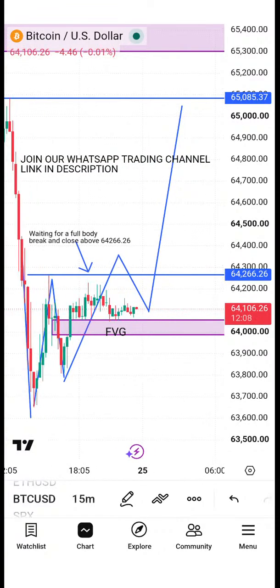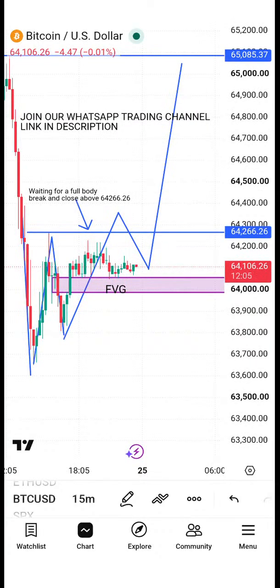Remember, I'm not saying price will do exactly as I placed my trend lines.